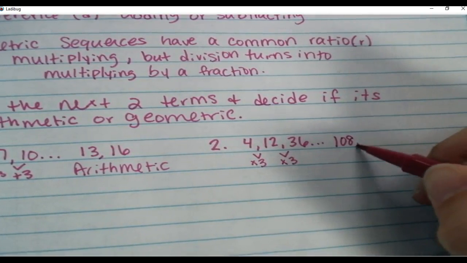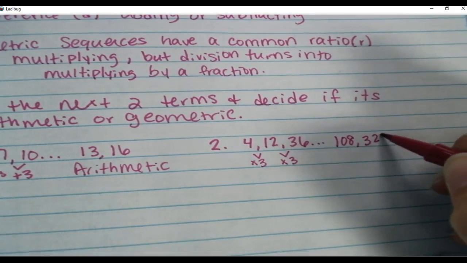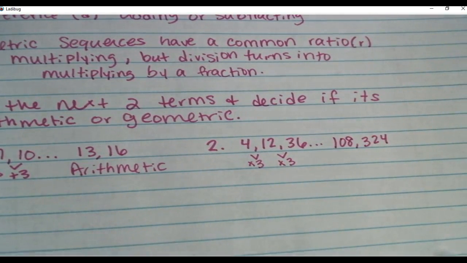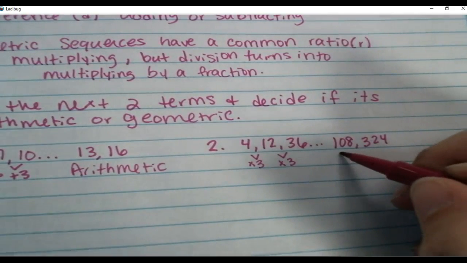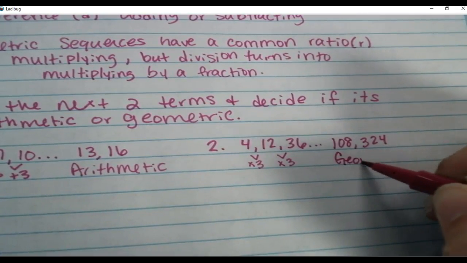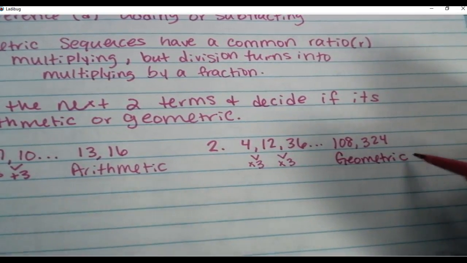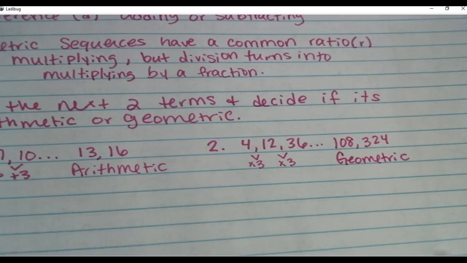Good, 108 and 324. So all you do is you go times 3, so you just do 36 times 3. 108 times 3 is 324. So arithmetic or geometric? Good, geometric, because we're multiplying. So then we would say the common ratio is 3. Questions?